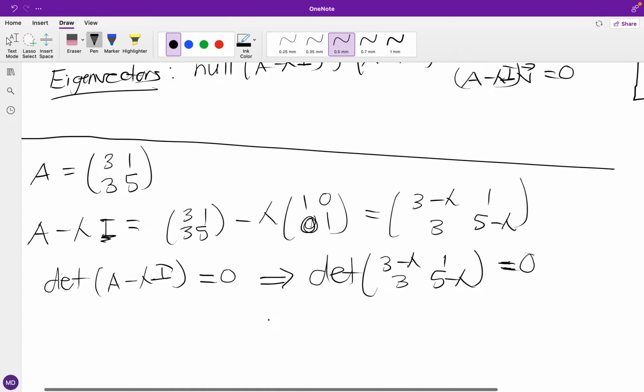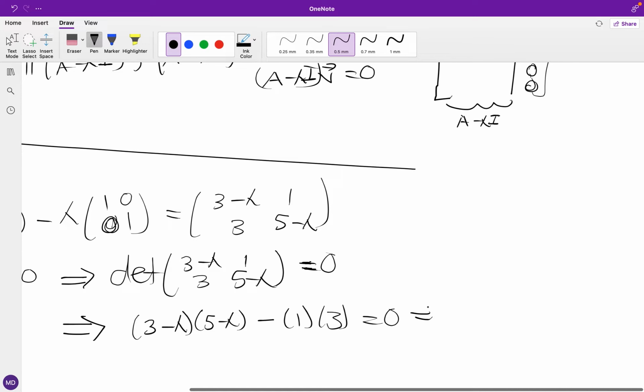So using the shortcut for the 2 by 2 as discussed in previous videos, 3 minus lambda times 5 minus lambda, subtract 1 times 3, and we're setting this equal to 0, which implies that 15 minus 8 lambda plus lambda squared minus 3 equals 0.